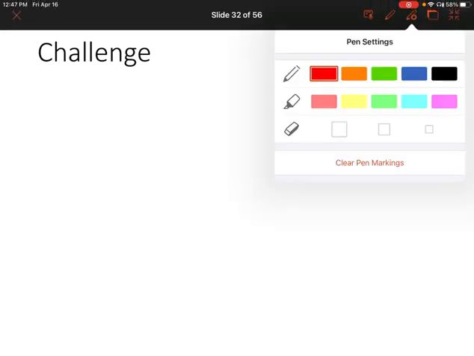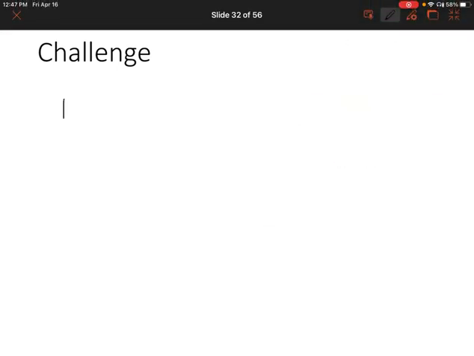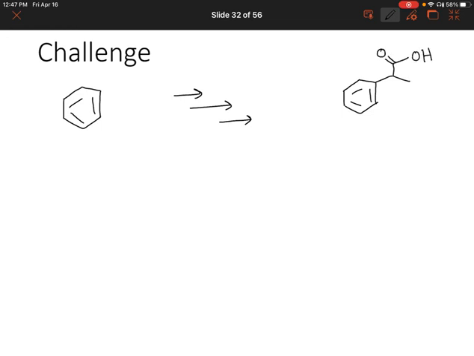This is a challenge problem. In this problem, we're trying to convert benzene into the following. So we're actually trying to produce ibuprofen, which you might have used in the past to reduce pain.